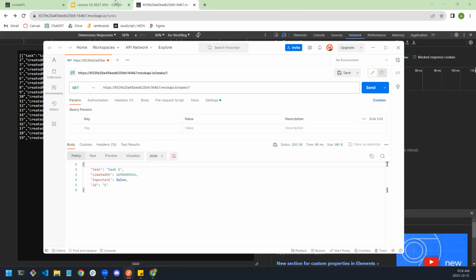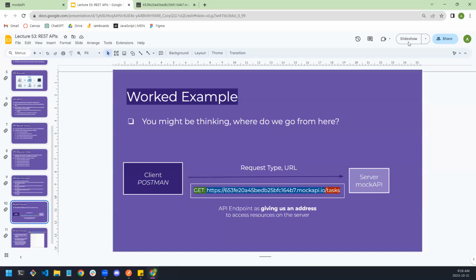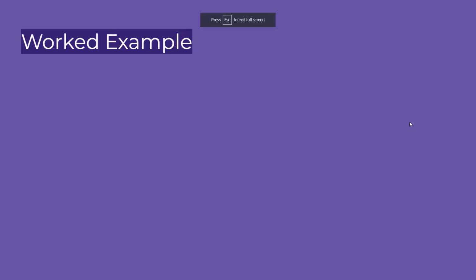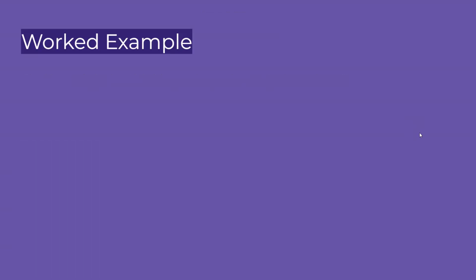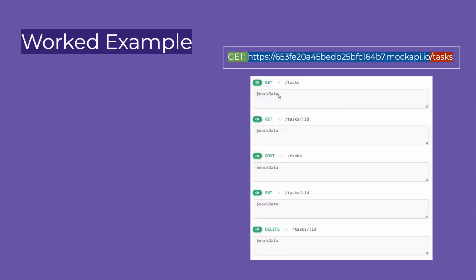Okay, so let's talk a little bit more about endpoints, and more specifically, the kinds of endpoints that have been set up. These are all for the same resource, but essentially I was just showing that getting all the data was just /tasks.